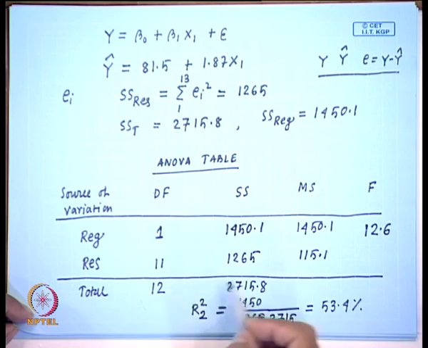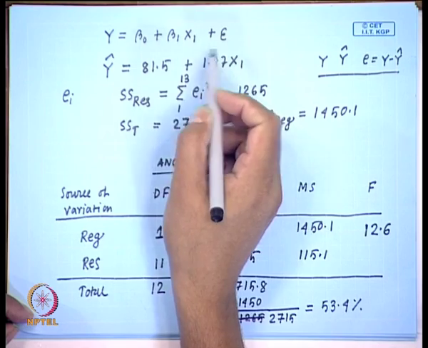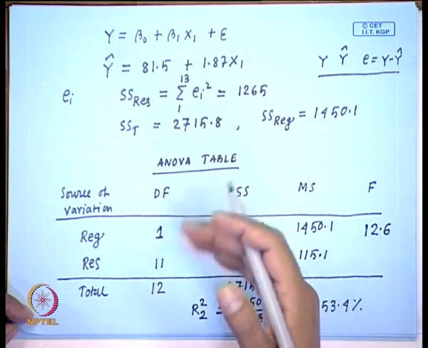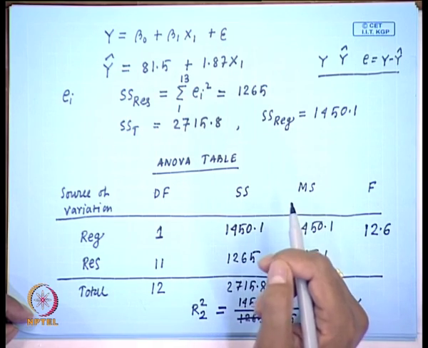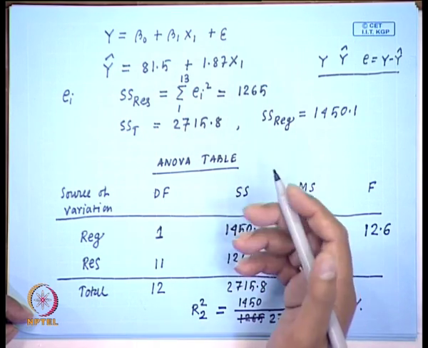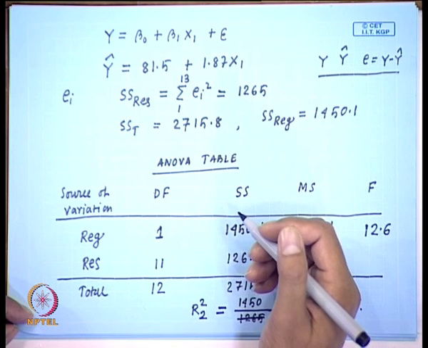Here is the ANOVA table for the first model, and similarly you have to do the same job for all the 16 possible models.